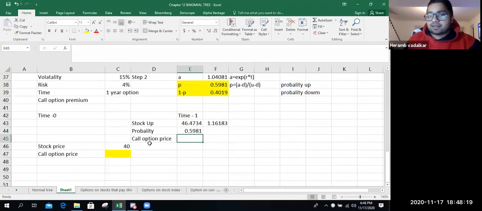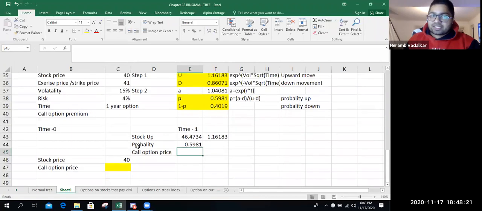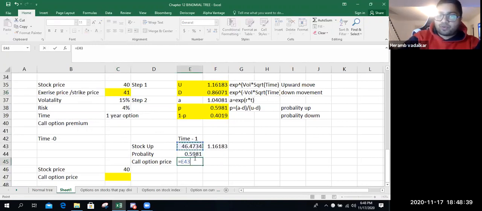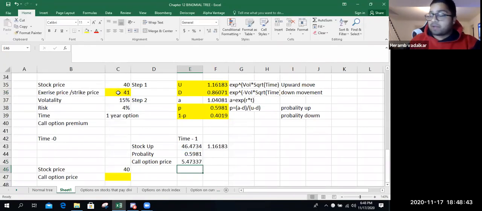Call option price. So call option benefits if price is above exercise price. Call option makes money if price is above exercise price. The price is 46. Exercise price is 41. So call option will have 46 minus 41, $5.47 in money, right?